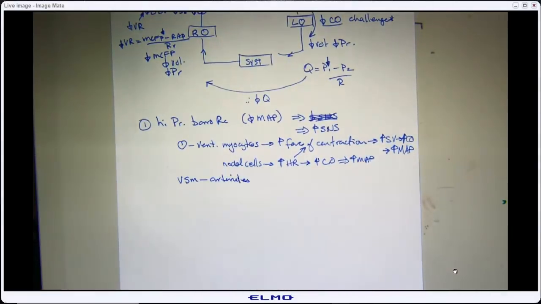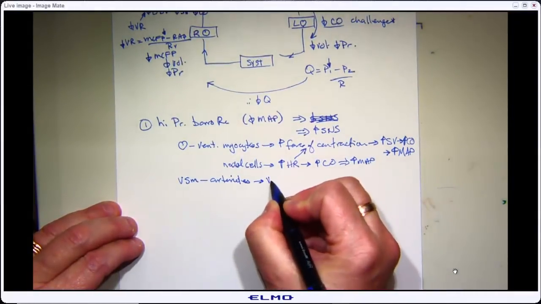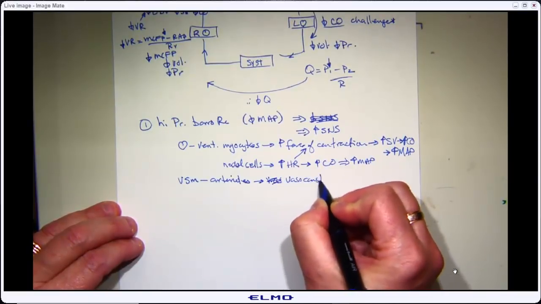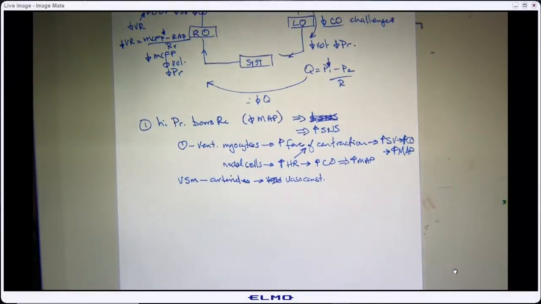What's the sympathetic nervous system response to vascular smooth muscle cells in arterioles? Vasoconstrict, and why did we do that? So what was the issue with vasoconstriction here? Why did we do that? We don't know why we did that yet.